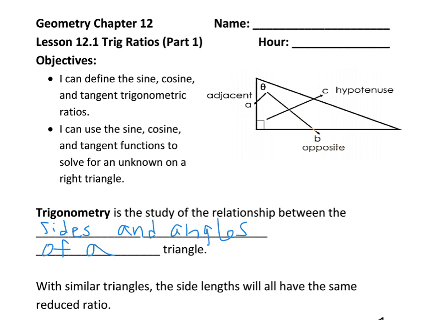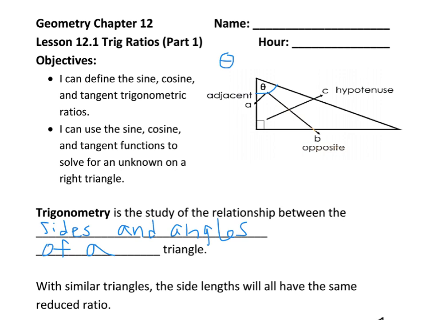Now if we look at this triangle they gave us, there's this weird symbol in the corner that represents an angle, and it is called theta. So we will use that to represent an angle that we don't know how many degrees it is. And we label all of the sides of the triangle in relation to where the angle is that we're talking about.